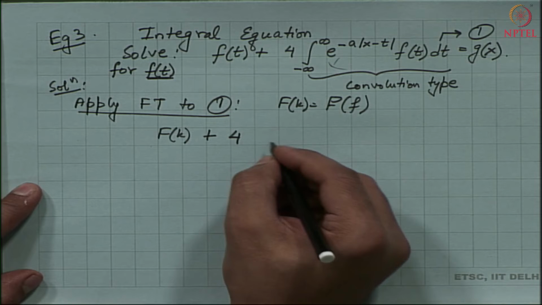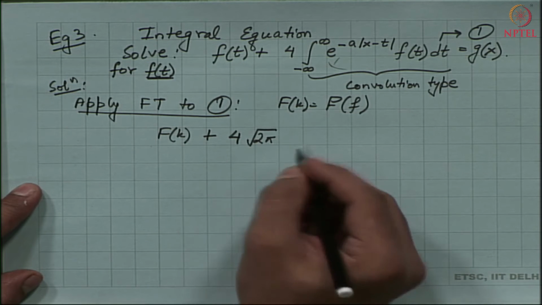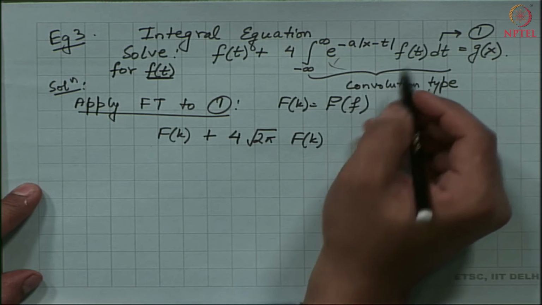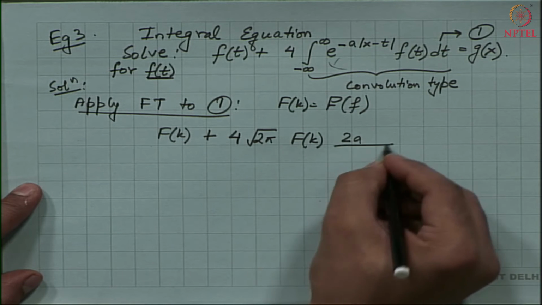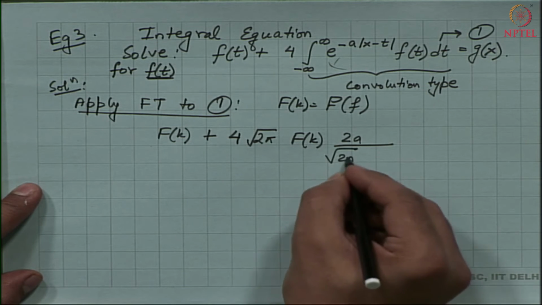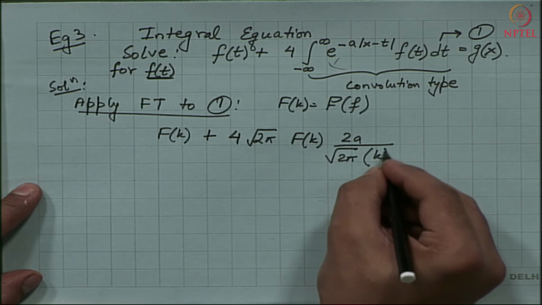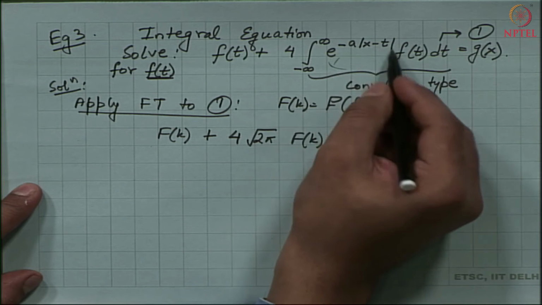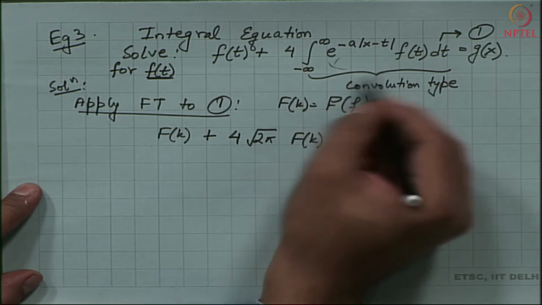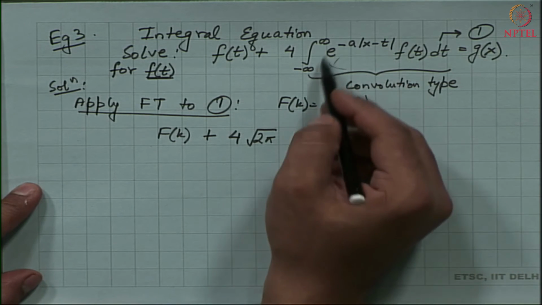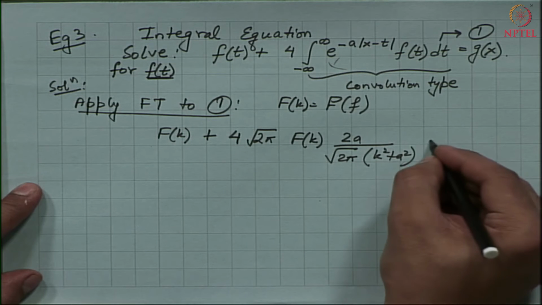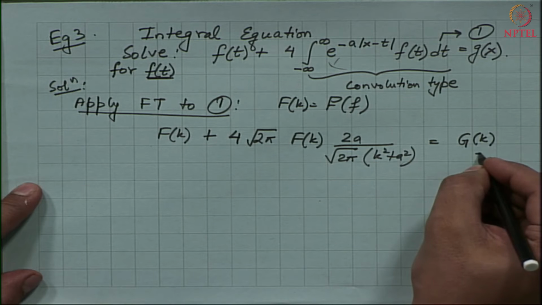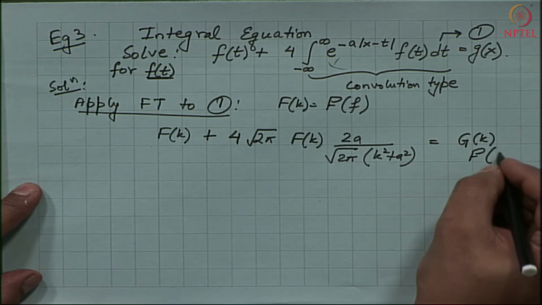So, this becomes 4 times square root 2 pi f of k times 2a divided by square root 2 pi times k square plus a square. Again, the Fourier transform of this function is something that we have already calculated in one of the previous lectures. This equals the Fourier transform of g of x.